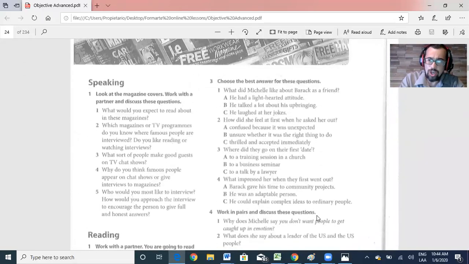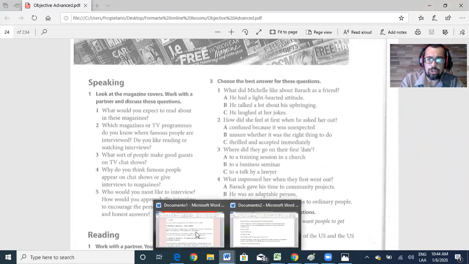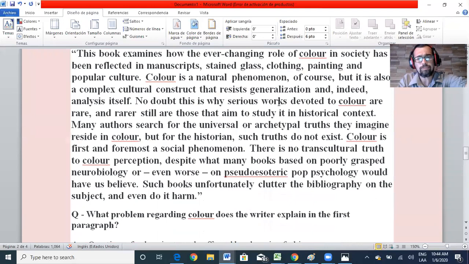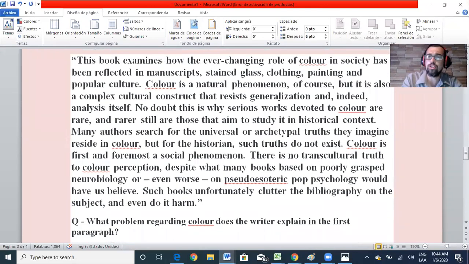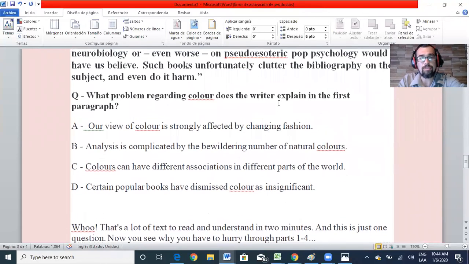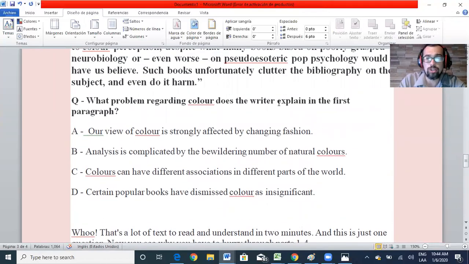So again, I recommend for you to read this information. Again, I put here some real texts and how it works, what tips can help you to understand this. For example, it says here, what problem regarding color does the writer explain in the first paragraph, right?